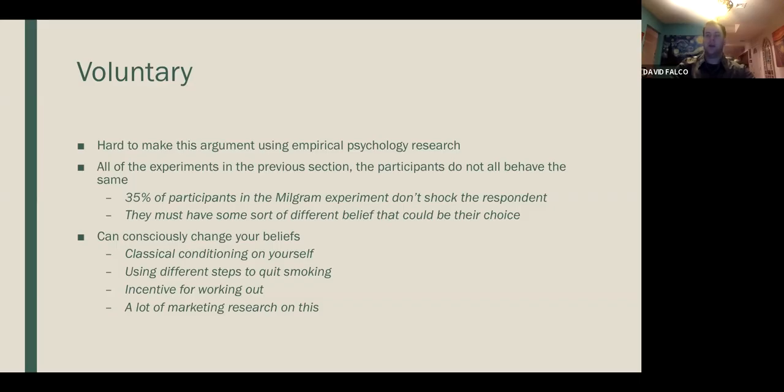For example, there's a lot of different things about rewarding yourself for not smoking or for working out and various things you can do in this sense. So I would try to look into some of the self-help psychology stuff to find ways that you can manipulate your own thoughts and feelings to change your beliefs in certain ways. However, this whole section was a little bit half-hearted because I would clearly argue that your beliefs are not voluntary.